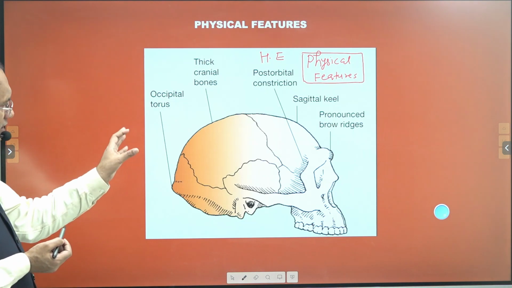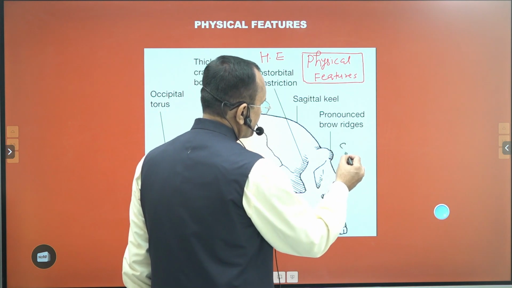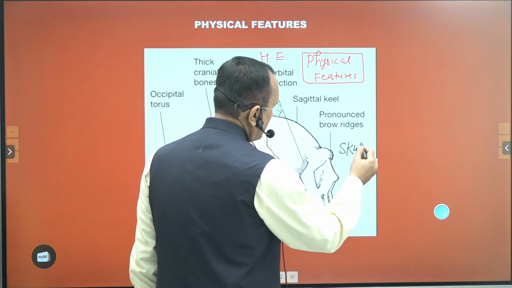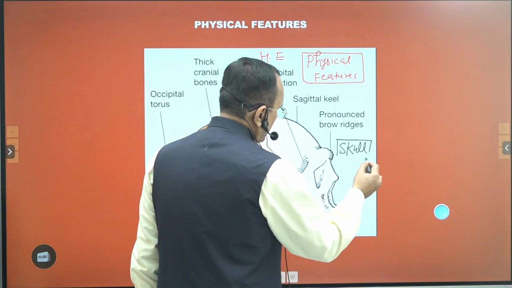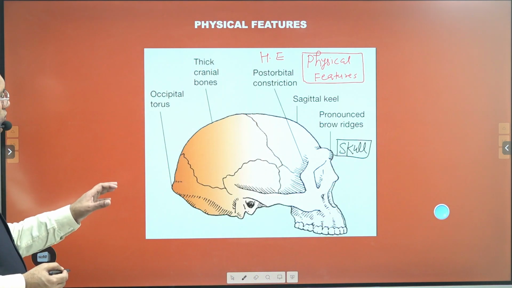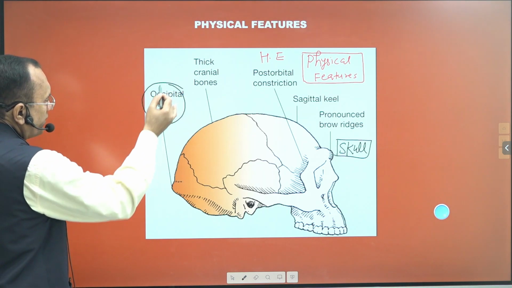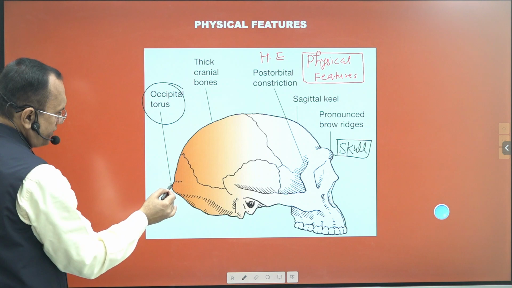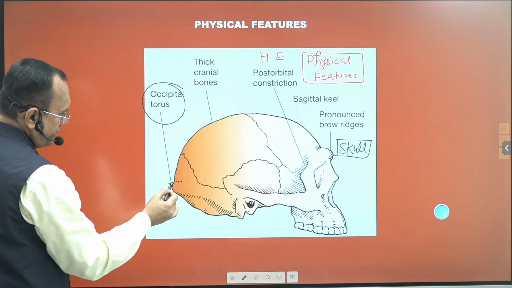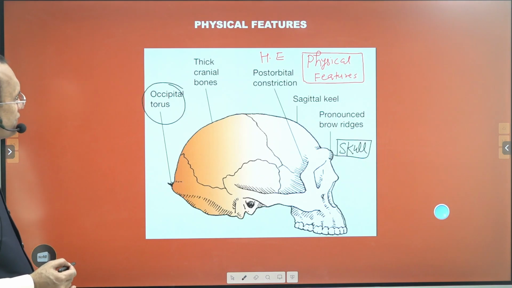So here there is a presentation of a skull of Homo erectus, and in that skull we have 5 important physical features related to Homo erectus. So this is the occipital torus, right? This is the occipital torus related to Homo erectus.